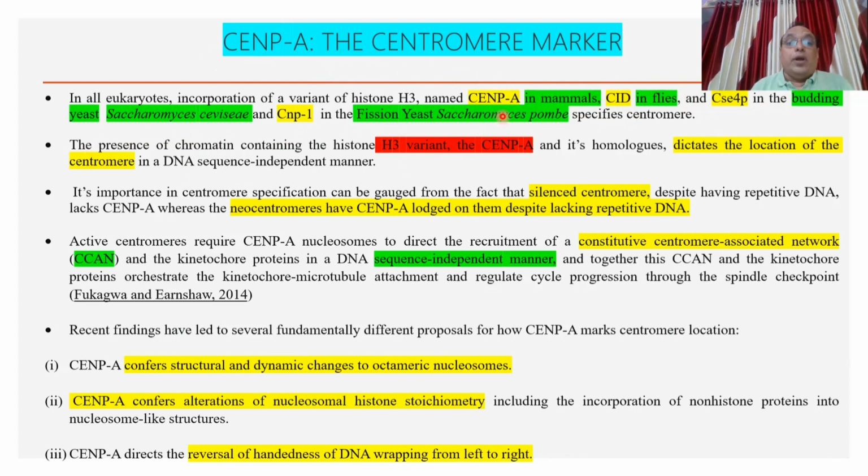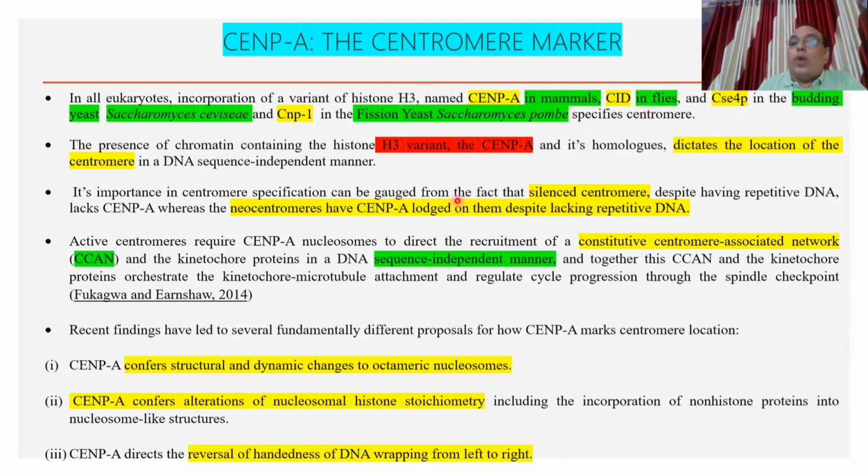So it would be better to call it CEN-H3, that is, centromere H3, the variant of H3 found at the centromere, and it will mean all these four names. So you should not get confused about the names. Many of you have asked in your feedback, what is CID? CID is nothing but the variant of histone H3 which is present in Drosophila.